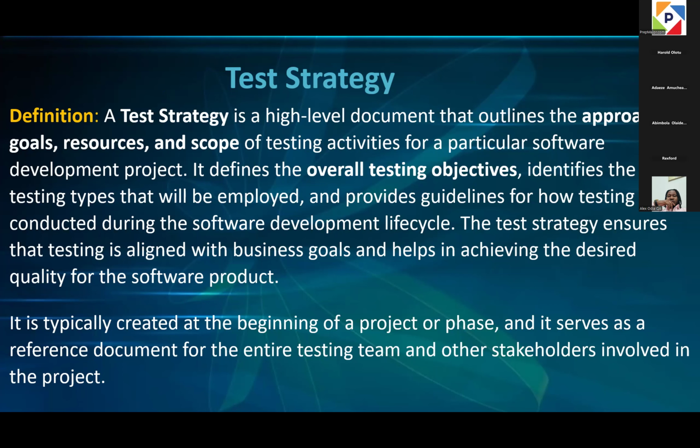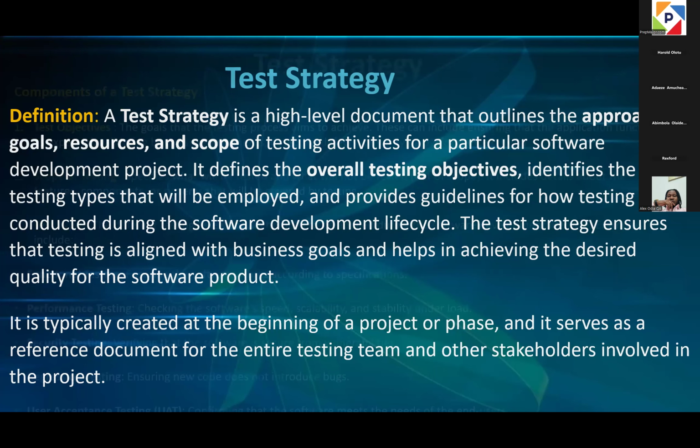It identifies the testing type that will be employed and provides guidelines for how testing will be conducted during the software development lifecycle. The test strategy ensures that the testing is aligned with business goals and it helps in achieving desired quality for the software products. It is typically created at the beginning of a project or phase, and it serves as a reference document for the entire testing team and other stakeholders involved in the project.